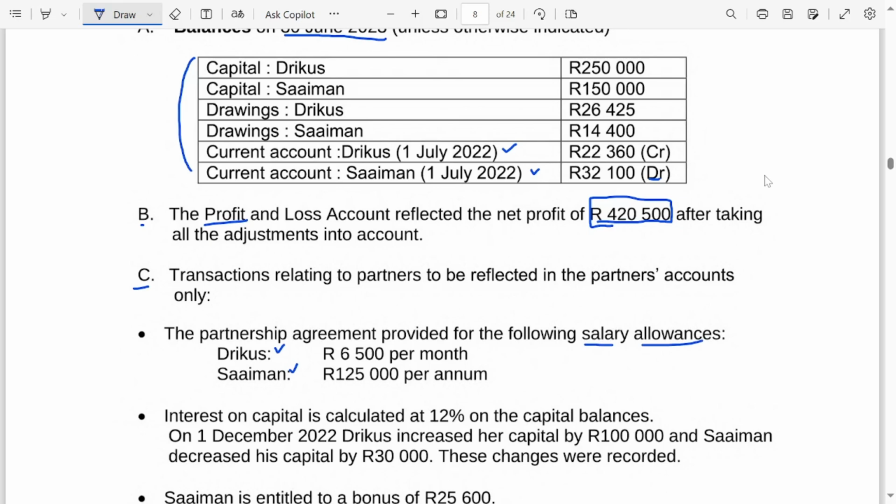Okay? And also, we must record them under the current account. Okay? Under appropriation and also under the current account of the partners. So let me do it. So we are doing the one for Seaman in the current account, but then in the appropriation, we must record both of them. So let's go.